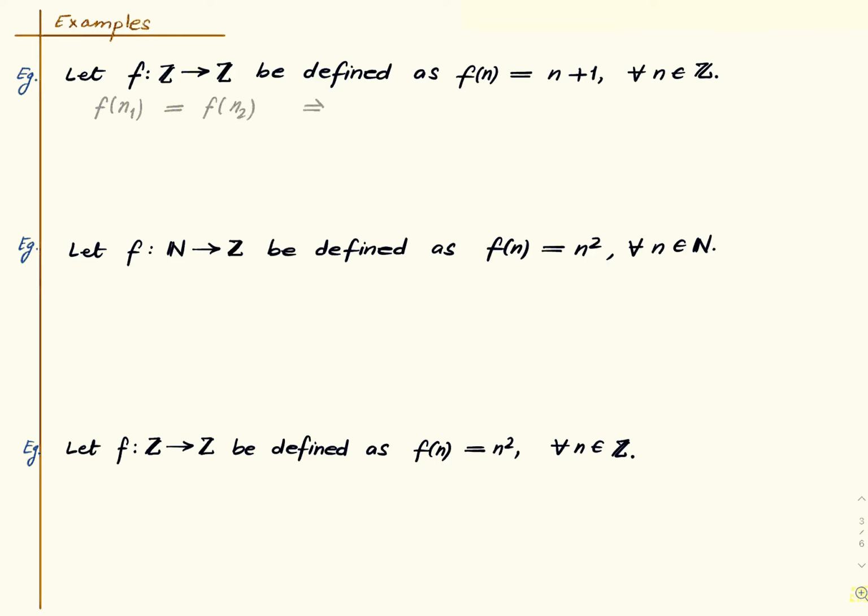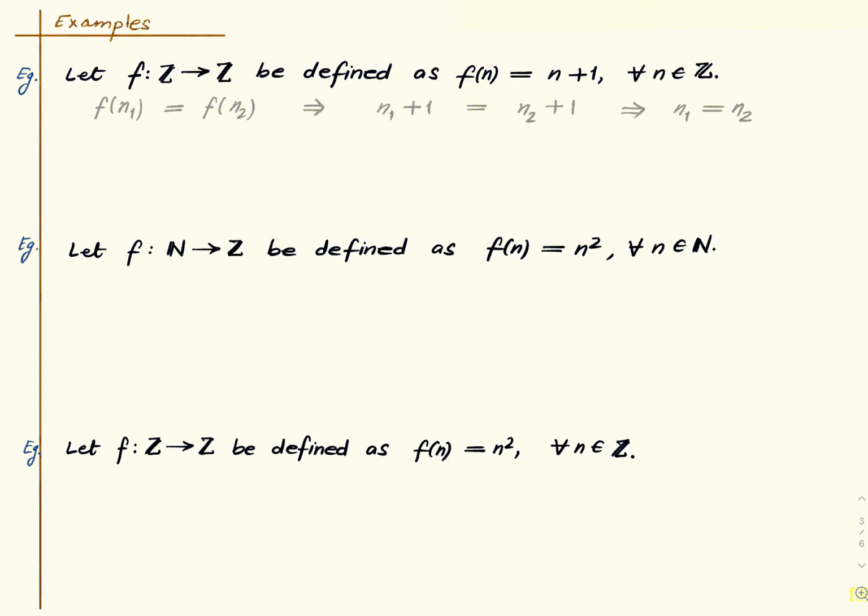Then n1 plus 1 equals n2 plus 1, which implies n1 equals n2, and hence indeed f is injective, because that's what injectivity means, right? And it was anyway clear. I mean, you cannot get two different n's to give the same output if you're just adding one to your input. So that's a simple example.